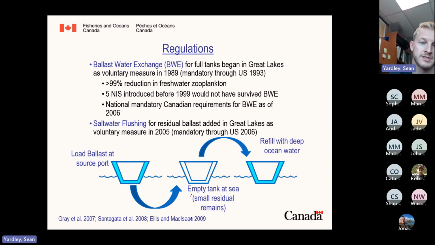Then they'll fill the tanks with deep ocean water, again with another set of organisms that may not persist in a nearshore environment. And when they get to their new port and discharge their ballast, it is that deep ocean water with the organisms that are not likely to survive in a nearshore port environment.